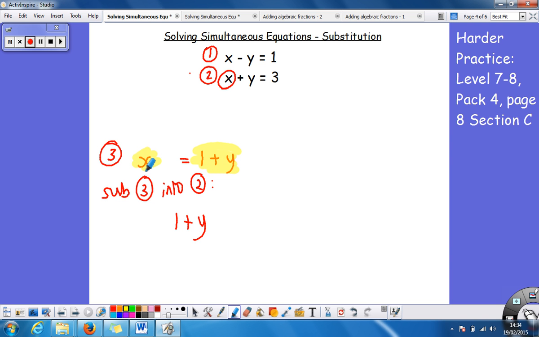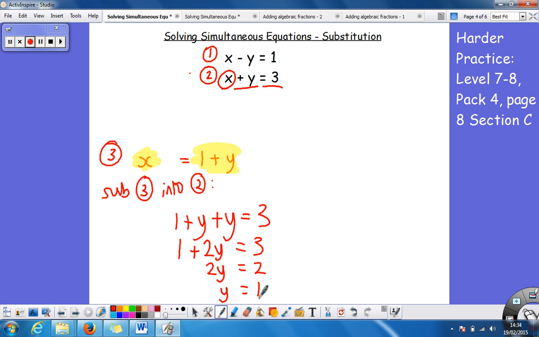My x is equal to 1 plus y. So I've got 1 plus y in place of my x, and then I'm adding on another y, and my solution is equals 3. Collect that, so it's a nice easy equation. Collect my y's and solve it. Subtract y from both sides. That's a really simple solution of y equals 1.